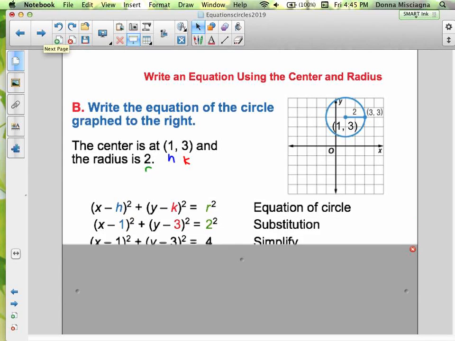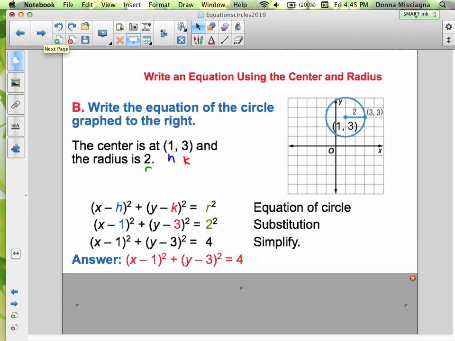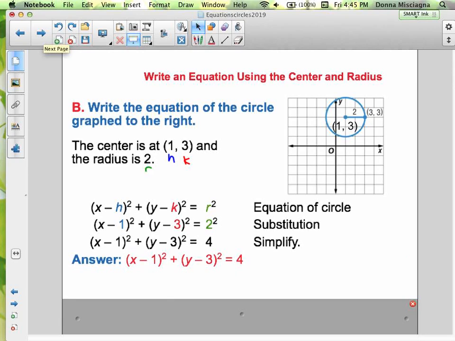So (x minus 1) squared plus (y minus 3) squared is 2 squared. Just substitute the values of the center in, and then square the 2. So here's our final answer: (x minus 1) squared plus (y minus 3) squared equals 4. That's how easy it is to write the equation of a circle. If we have the center and the radius, writing the equation of a circle is really easy.